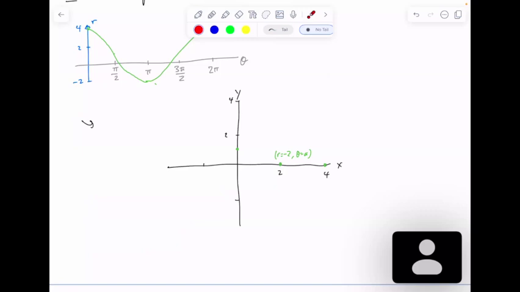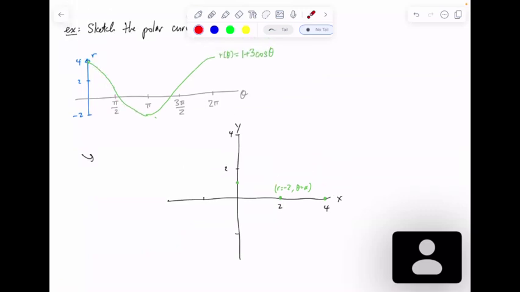So what's happening now, if I look at this curve here, I'm starting at 4, at angle 0. So on the purple curve here, I'm starting up here. And then I keep on going until I hit an angle of pi over 2. And at pi over 2, I'm going to end up over here. And then at some point here, I'm going to cross 0, in the r and theta diagram here.